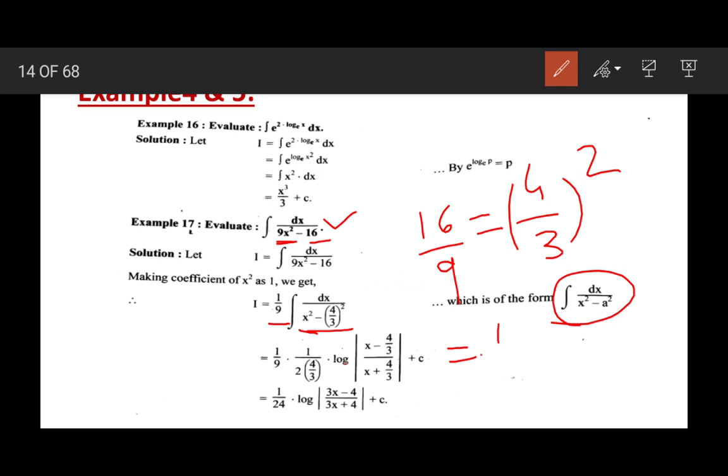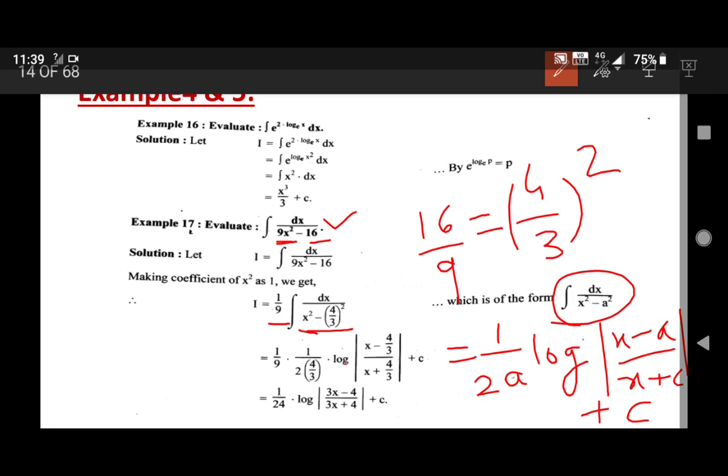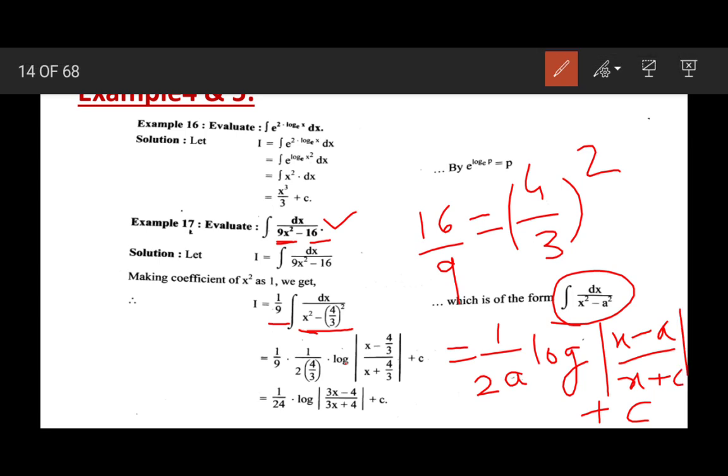That is equal to 1 upon 2a into log mod of (x minus a) upon (x plus a) plus c. Here a is 4 upon 3. So in this formula, in place of a, I have to write 4 upon 3.